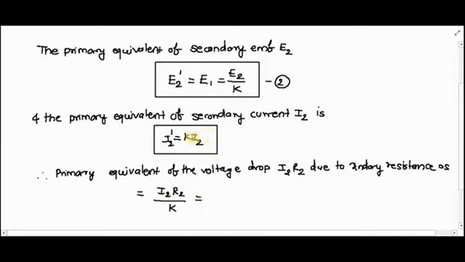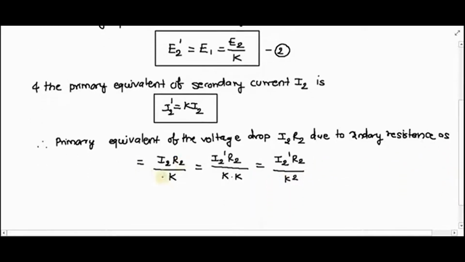My I2 from this equation is nothing but I2 dash by K. So I will write this as I2 dash into R2 divided by K into K, or simply I2 dash upon R2 by K square.